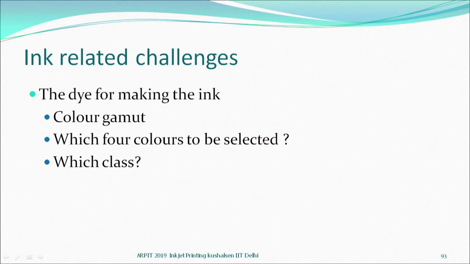The challenge that one has is what is the color gamut and how closely it can give you the right shade and design. You see something on the screen which you like, and then it has to be reproduced on a textile.